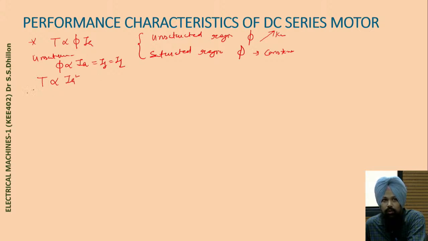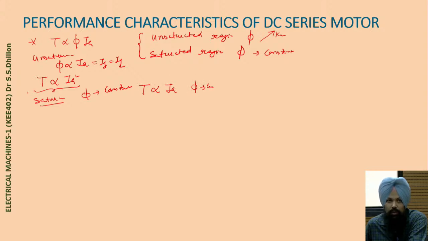So this is the torque equation for the unsaturated region. For the saturated region, our flux is going to be constant, and for the B to C condition, torque is directly proportional to Ia because flux becomes constant.